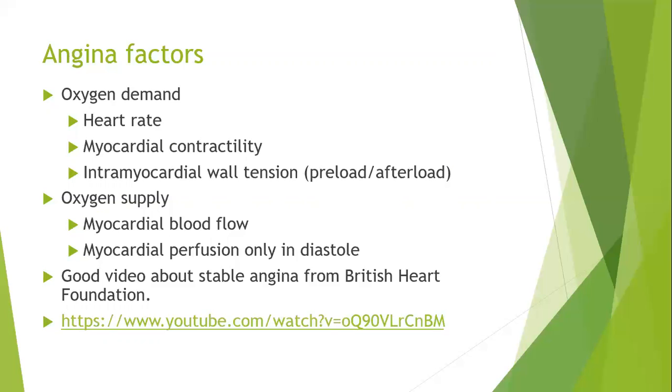Oxygen supply is a big factor. So oxygen demand, the things that affect that are the things listed under oxygen demand, and then oxygen supply, the things that affect that are myocardial blood flow. So the oxygenated blood has to get to the muscle, and the degree of perfusion, which happens only in diastole.